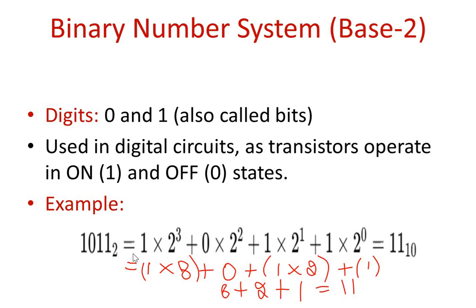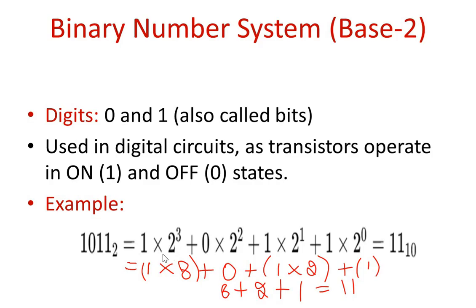Let's see an example. Like in the decimal number system, each digit is represented by its position in terms of powers of 10. But in case of binary system, the base is 2, so we have to replace the 10 by 2.